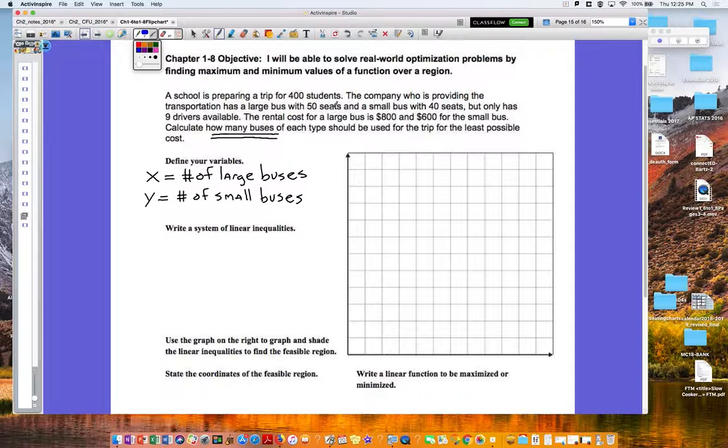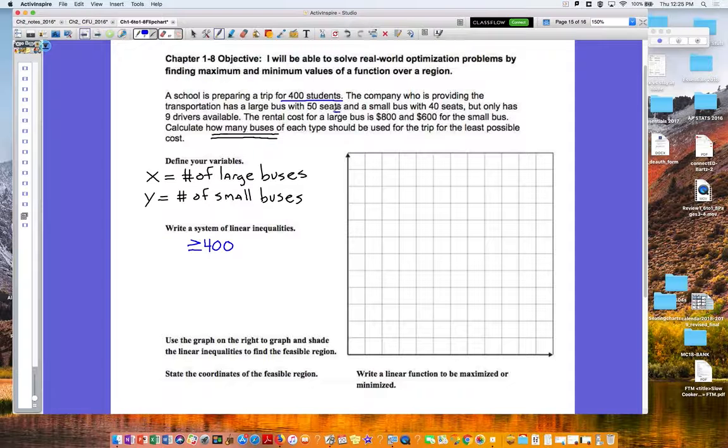Well, we have a field trip, and we've got to get 400 students. So we have an inequality such that we get at least, if not more than, 400 students, so greater than or equal to 400. We get students there depending on how many buses we order.